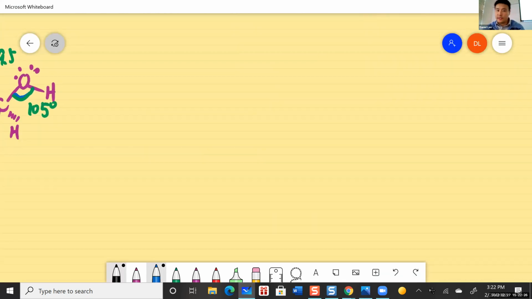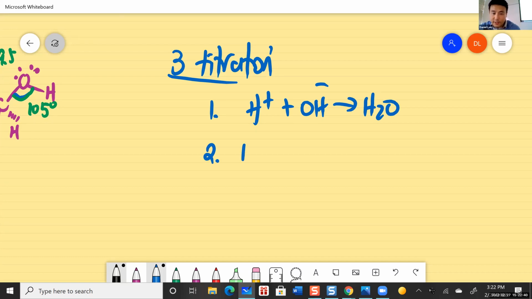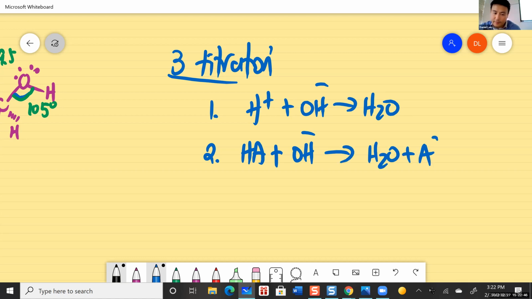And I told you there's only 3 types of titration. 3 titrations, 3 BCA. The first titration is strong and strong, so H plus and OH minus will produce water. That's not this one. The second one is a weak acid with a strong base. That's not this one either. You're going to get water and A minus. This one, we're looking at type 3 titration, where you have a weak base titrated by a strong acid.